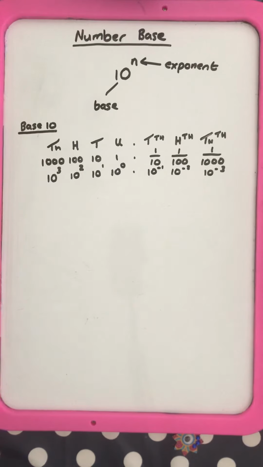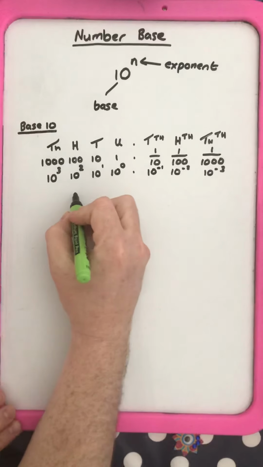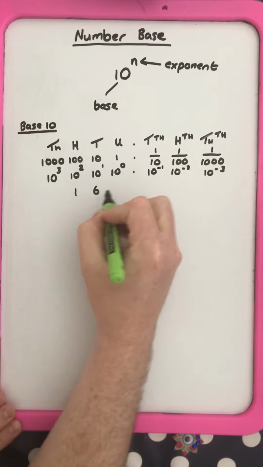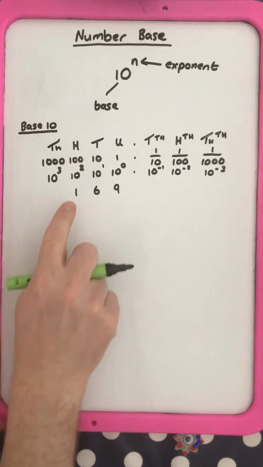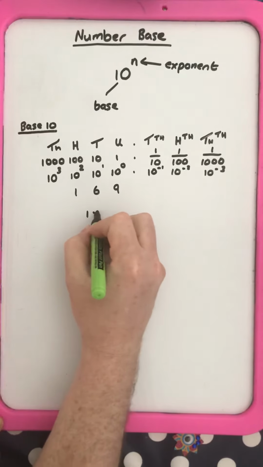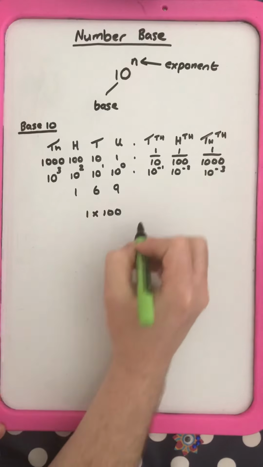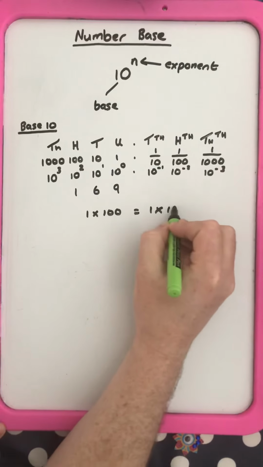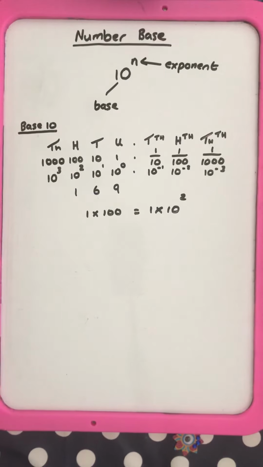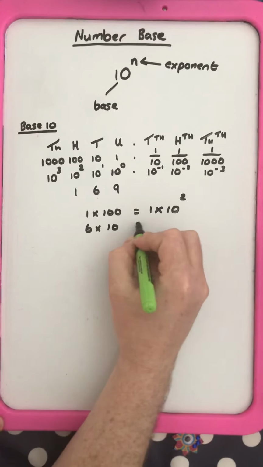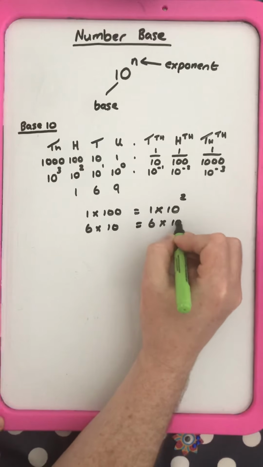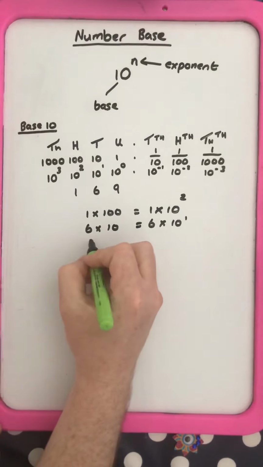Okay, let's look at a number then. Let's look at 169. Okay, so 100 and 60, so 6 tens, and 9 ones.